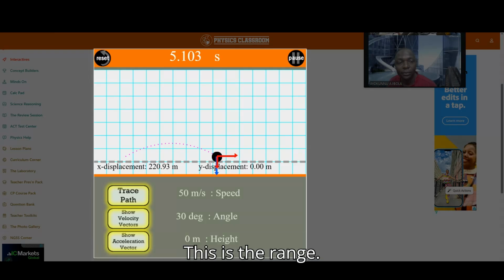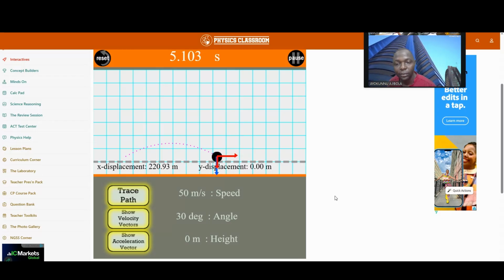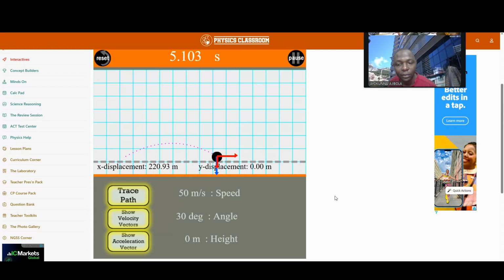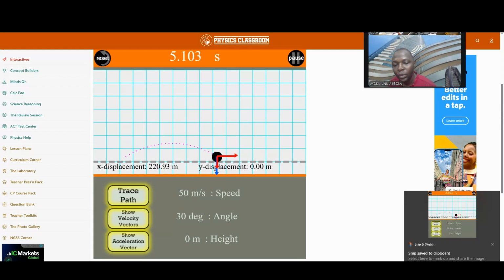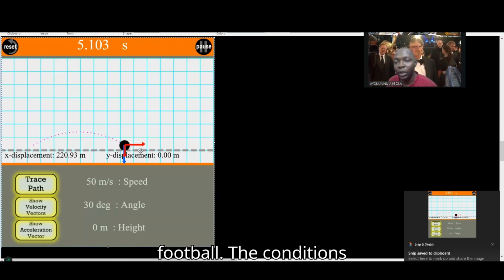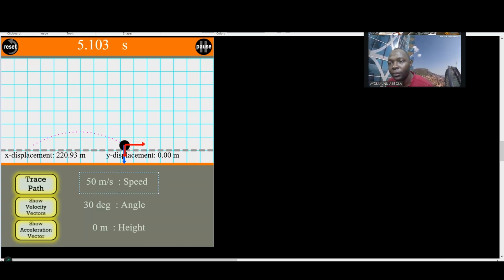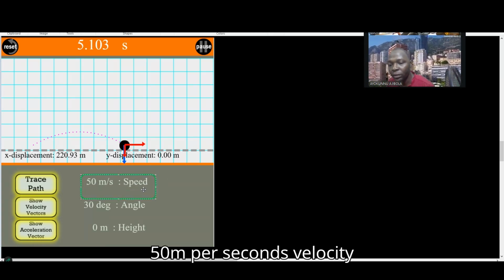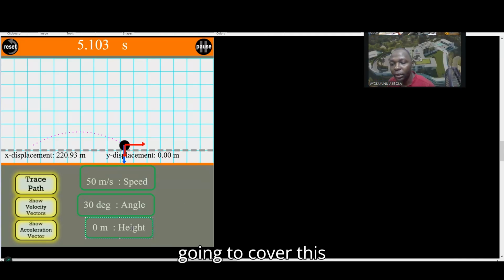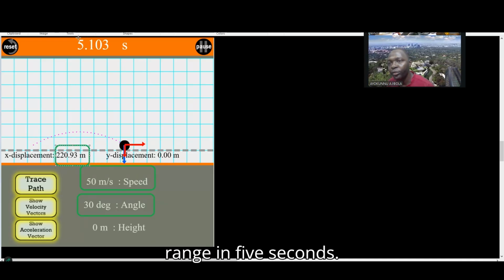What is the range? 220.93 meters. So that means if you kick a football with a velocity of 50 meters per second at 30 degrees, it's going to cover this range in 5 seconds.